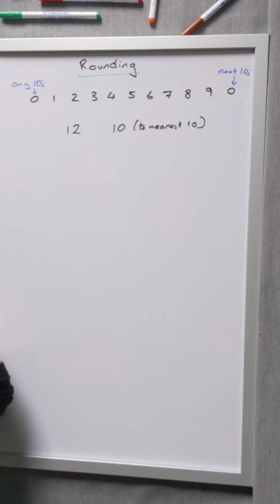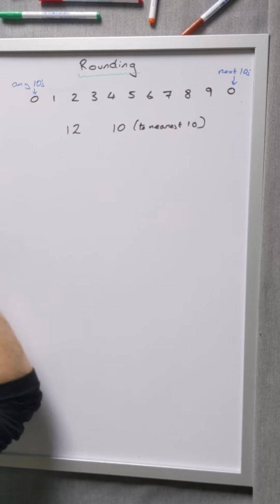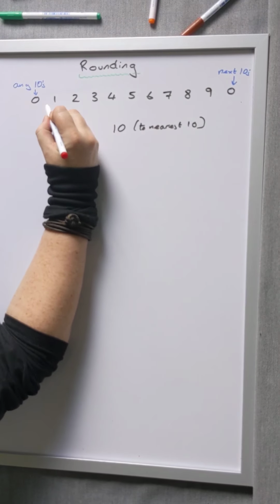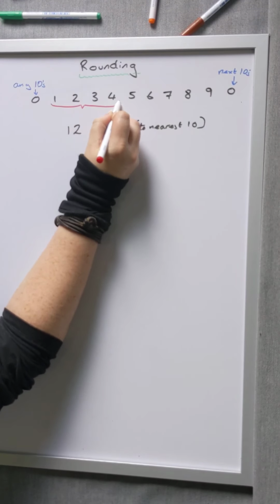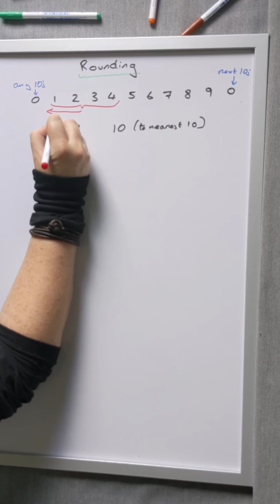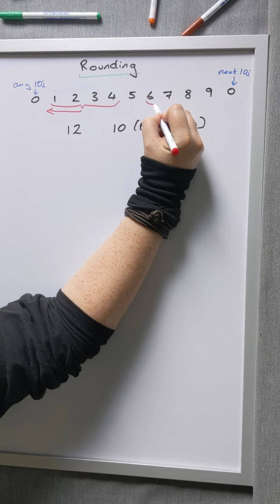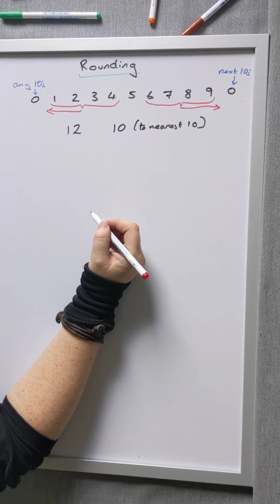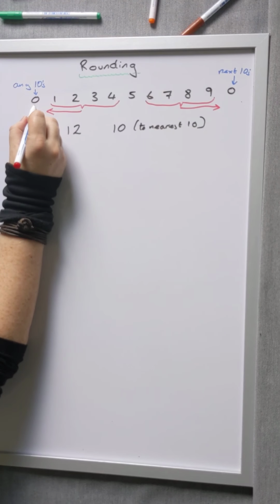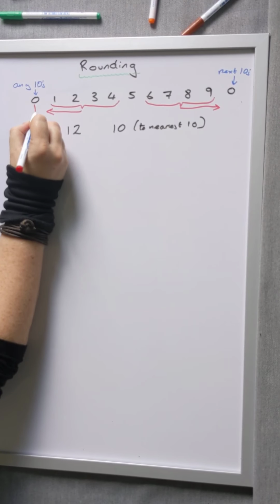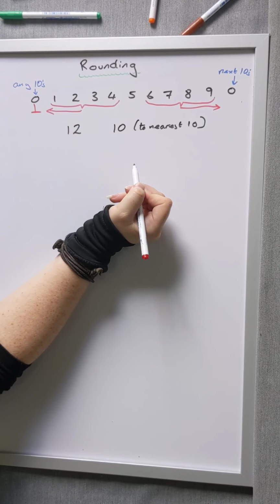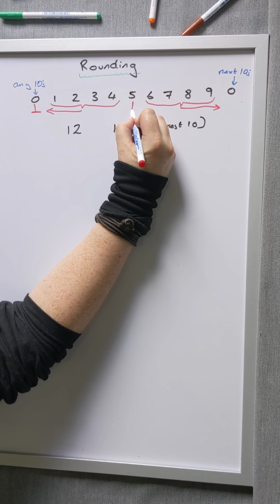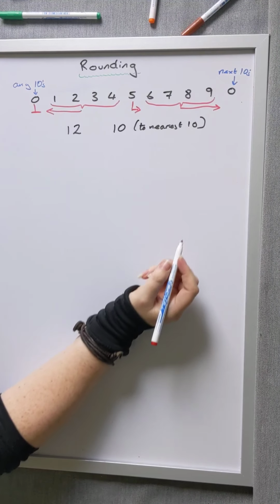Now to help you figure out whether you're rounding up or rounding down, you can see quite easily that these numbers are all closer to that direction, and these numbers are all closer to that direction. 0 will stay where it is. And in order to keep things balanced, that means 5 will always go up.